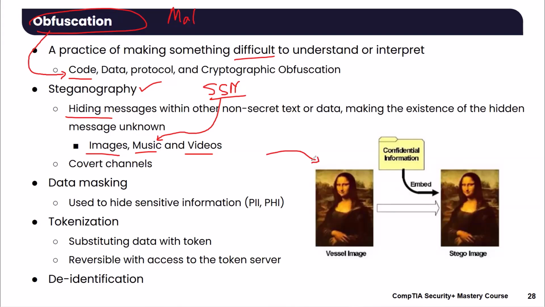And guess what? There is almost no technology that will be able to detect that. When you look at this, this is a regular image, and this is an image with confidential information inside. Can you tell the difference with the naked eye? No, you cannot.